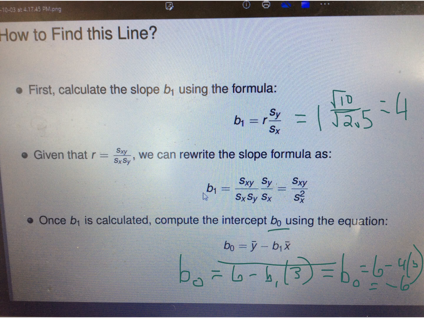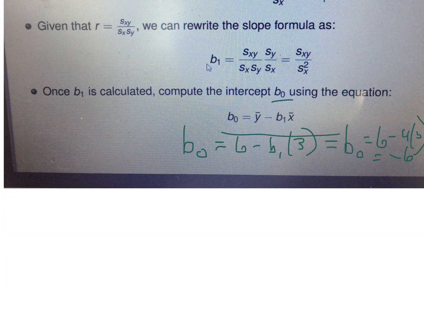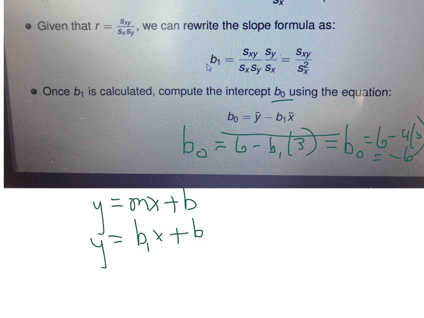So when it comes to writing the regression equation, it's just y equals mx plus b, like it was in high school. But in statistics, we replace the m with the b1, and then we replace the b with the b naught. Sometimes you'll also see an A in the equation, okay?